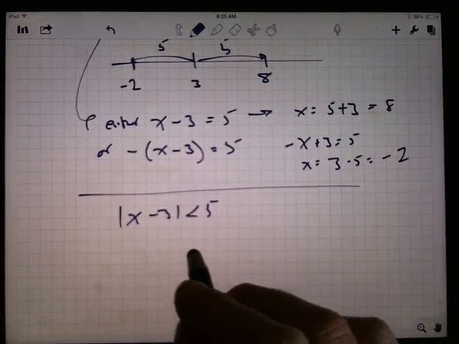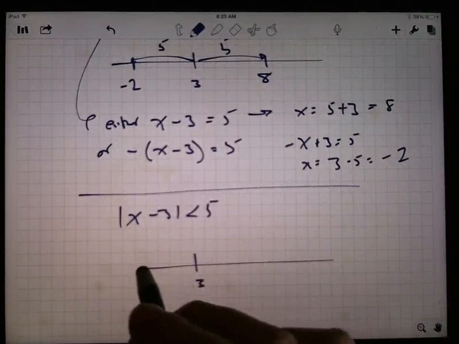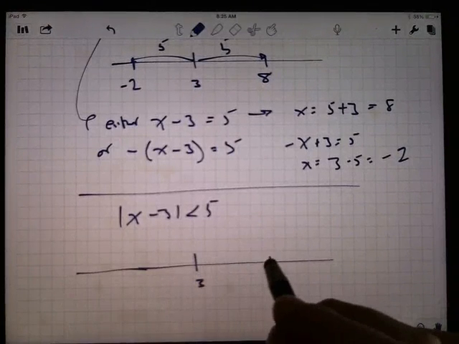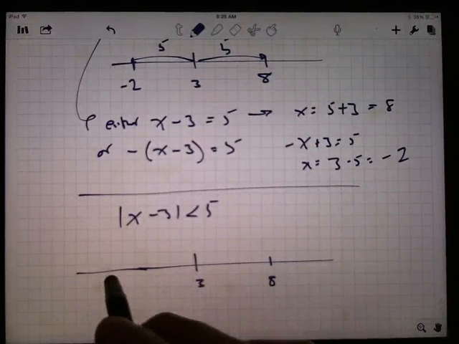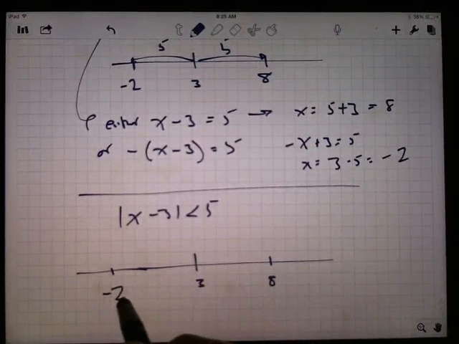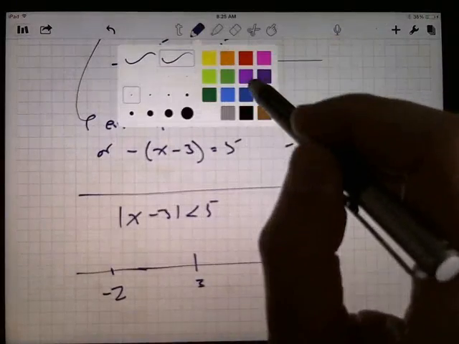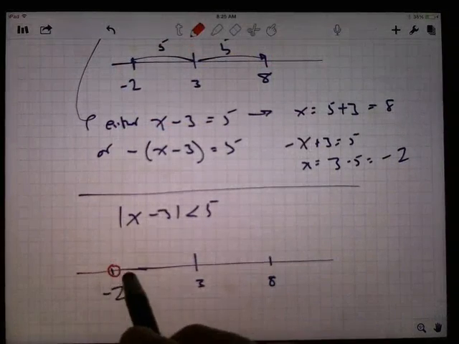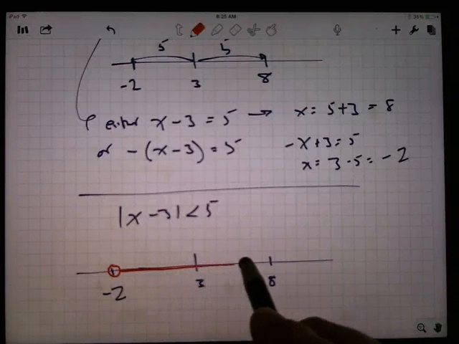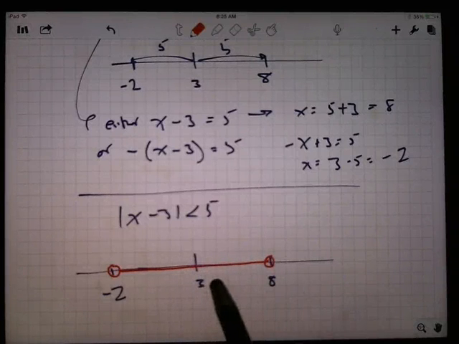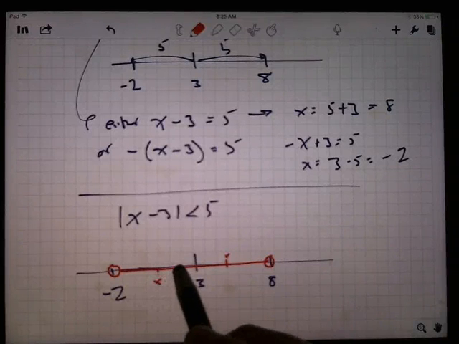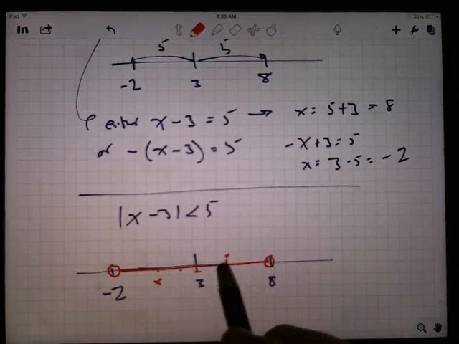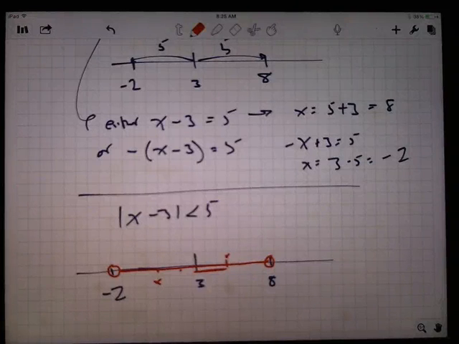Well, here's my number line. Here's 3. If I move 5 away on this side, that would get me up to 8. If I move 5 away on this side, that would be negative 2. So what I really want here, and I'll do this in red, is everything in between. If x is any point here, the distance away from 3 is less than 5.